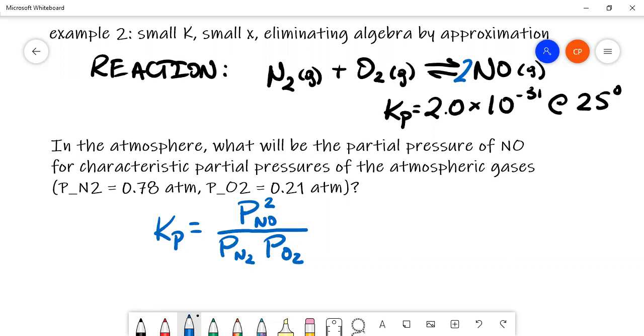If we have this equilibrium expression built wrong, everything else we're going to do is going to be built off of that equilibrium expression. It's this expression that's equal to 2.0 times 10 to the minus 31 at 25 degrees Celsius. Okay?